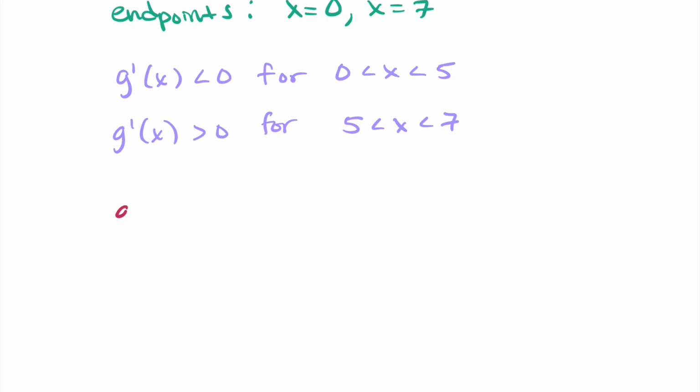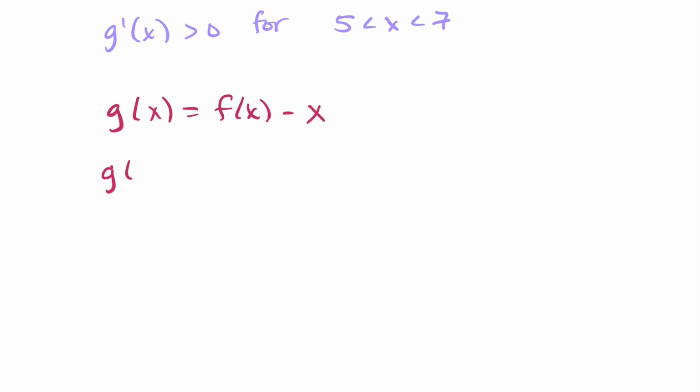So first, we know g of 5 is equal to f of 5 minus 5. Let me reintroduce my equation: g of x is equal to f of x minus x. It's the original equation they gave me.